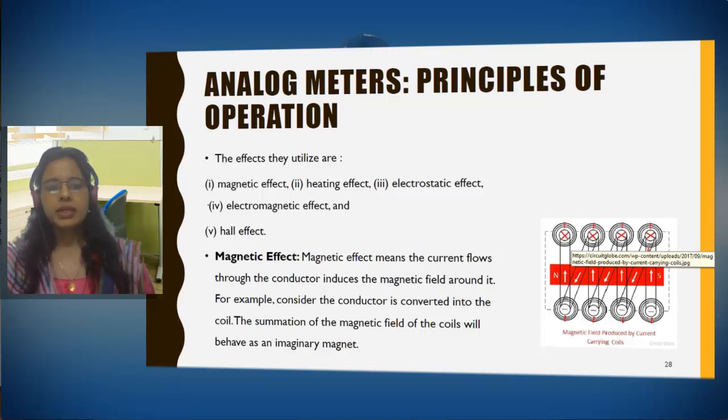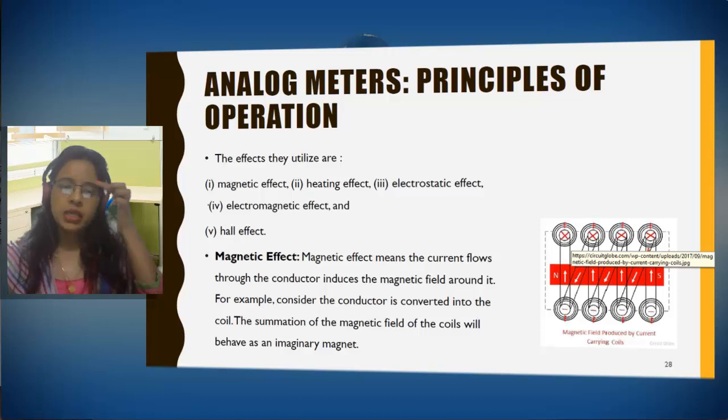The conductor in the instrument is placed in a magnetic environment. Some magnetic field is there and the conductor is placed in the magnetic field. Now what happens when the conductor is placed in the magnetic field?